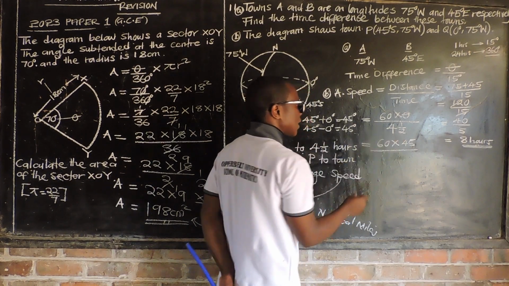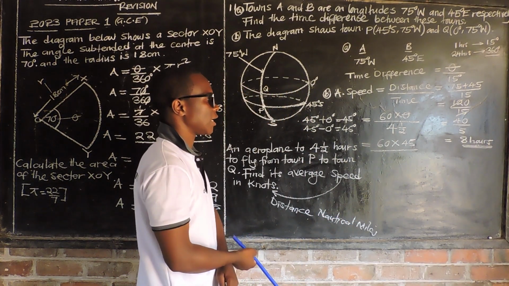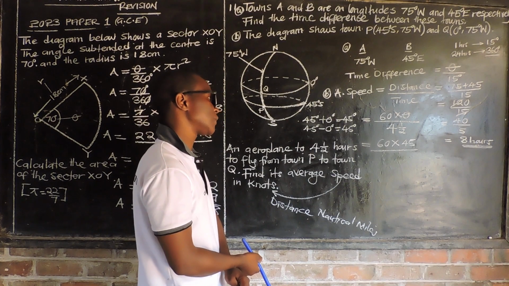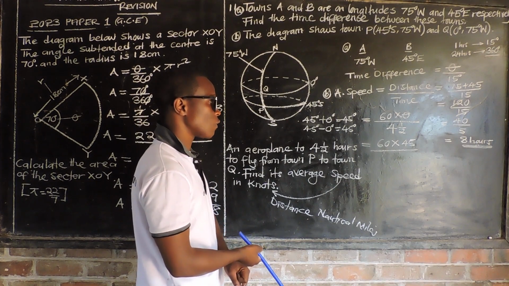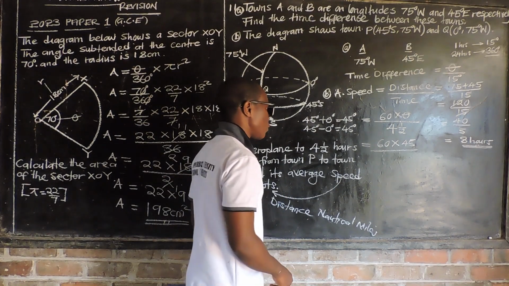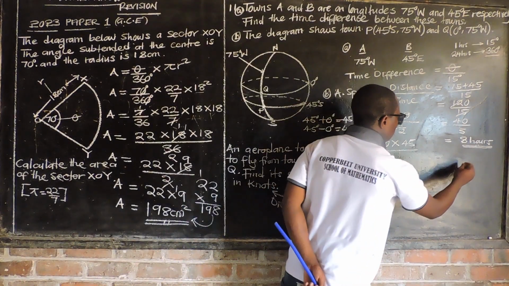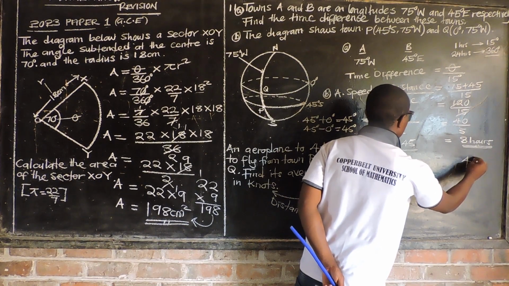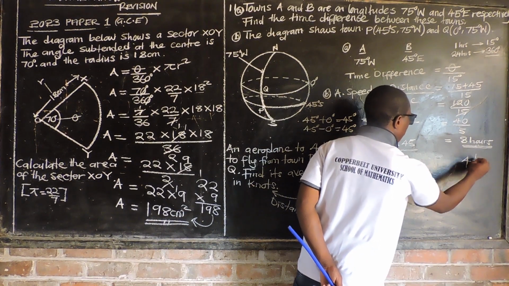Then in this case, time. Now this time has been given in the form of a mixed fraction, so we are going to convert this mixed fraction into an improper fraction. How do you do that? 4 as the whole number, 1 over 2 as a proper fraction.